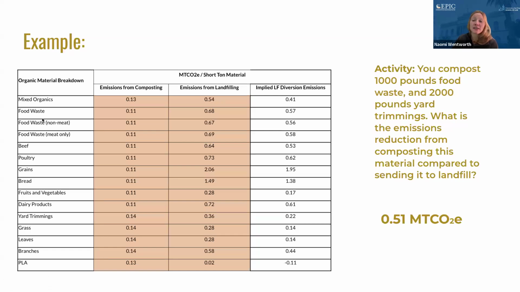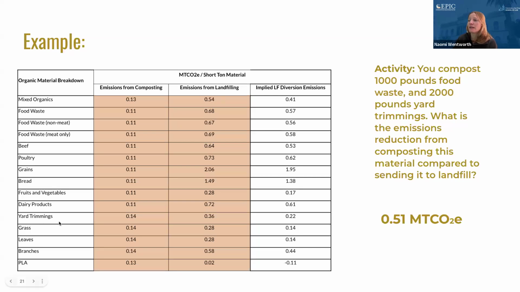Okay, so this one is kind of interesting. We have a lot of different numbers here that can change the calculation. When I ran it, I did this food waste category, so 0.75 implied diversion emissions, but could easily go with food waste non-meat or mixed organics.